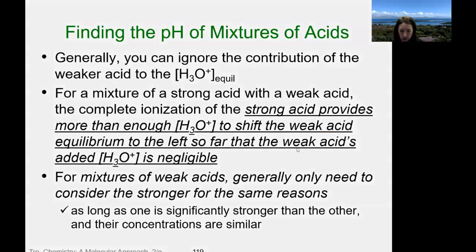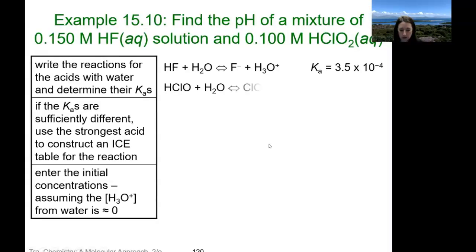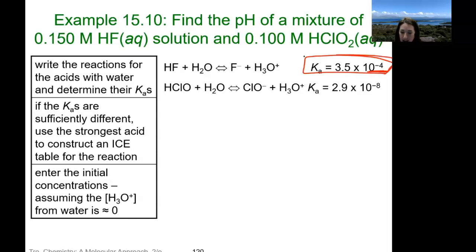If you have, for example, I'm just going to show you this one problem. Here are two acids. Look at how much stronger this one is, 1,000 times stronger. Both of these are weak acids, but this weak acid is 1,000 times stronger than this acid.